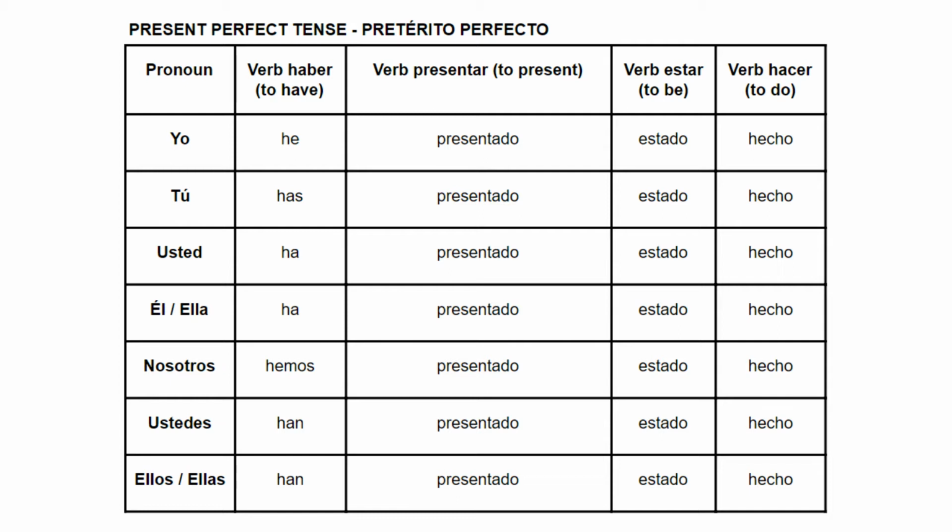Then we have the proper conjugation of haber. And then we have the past participle of these verbs. So if I want to say I have presented, yo he presentado.